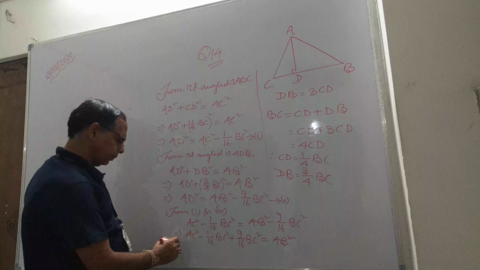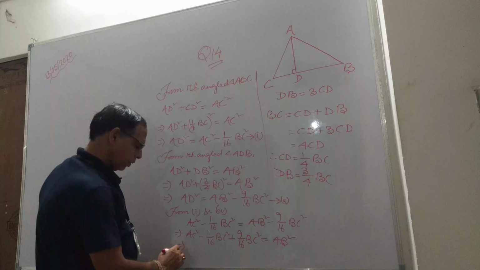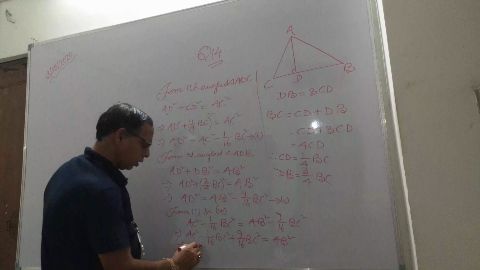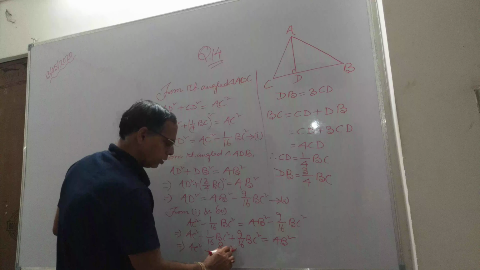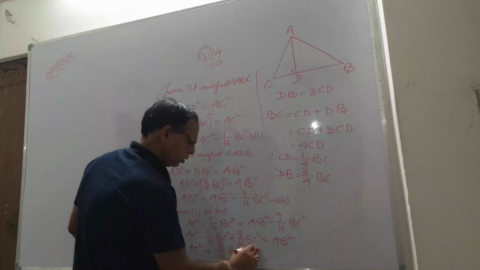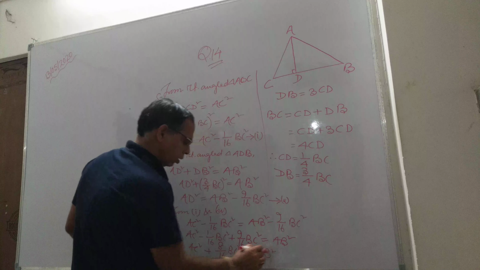Then what happened? Implies AC square plus 8 by 16 BC square equal to AB square.